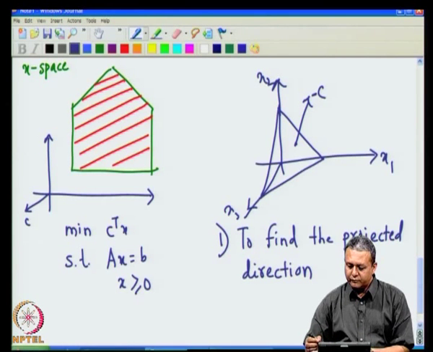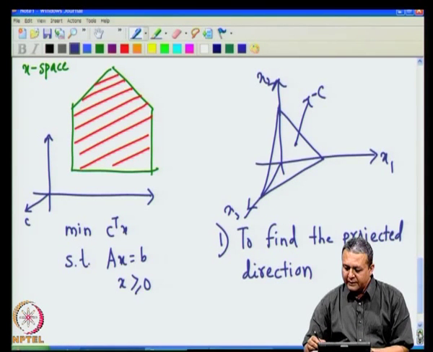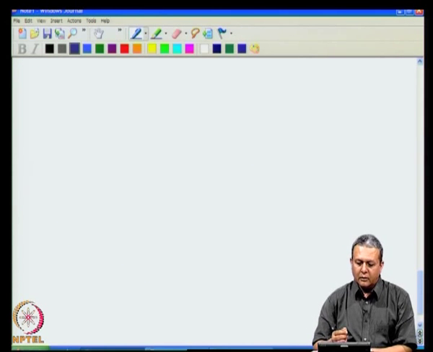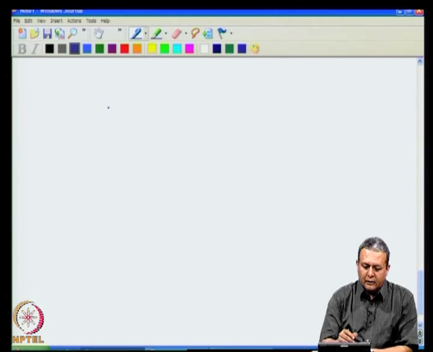Now, the second point, which is again important, is this.